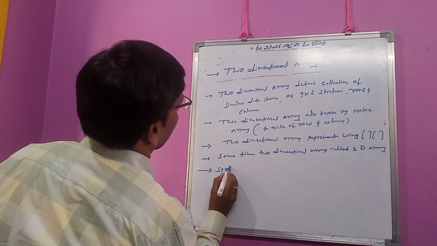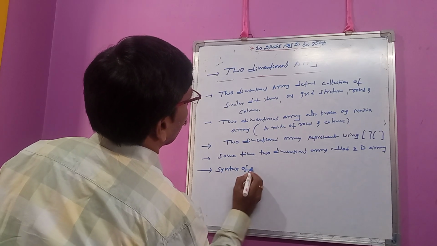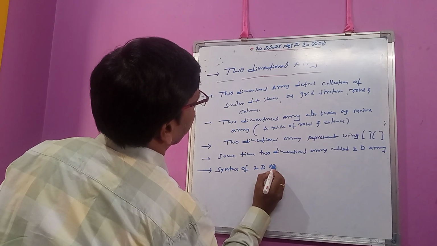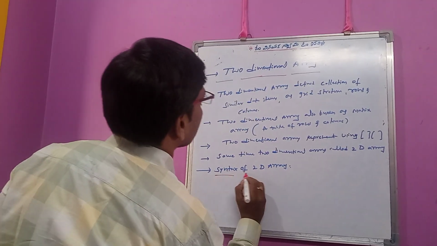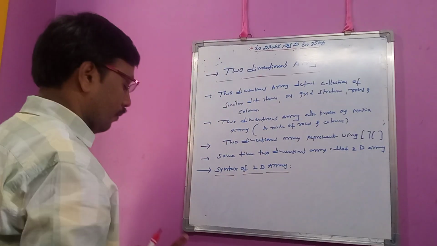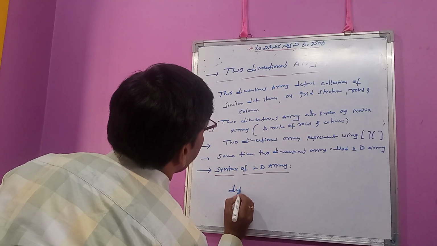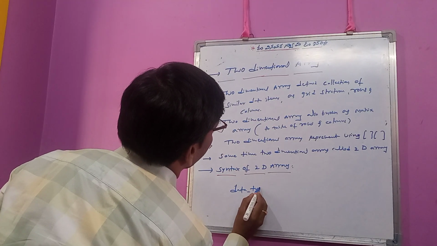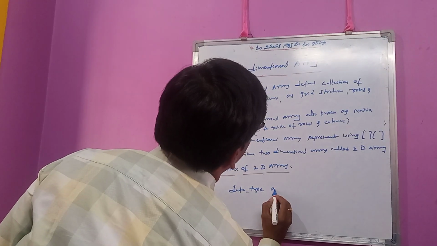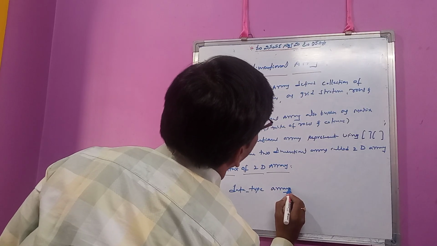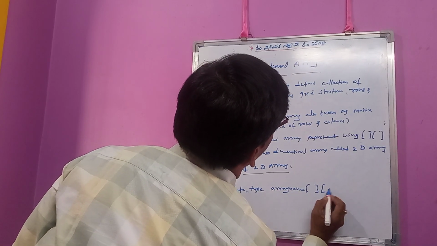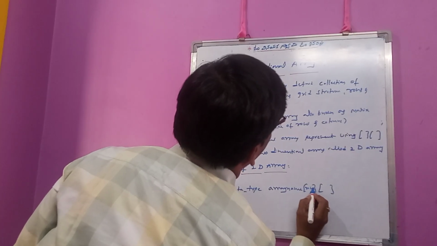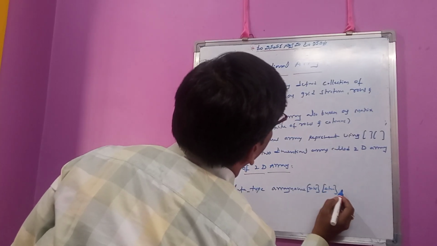Syntax of two-dimensional array: data type, space, array name, rows, columns, semicolon.